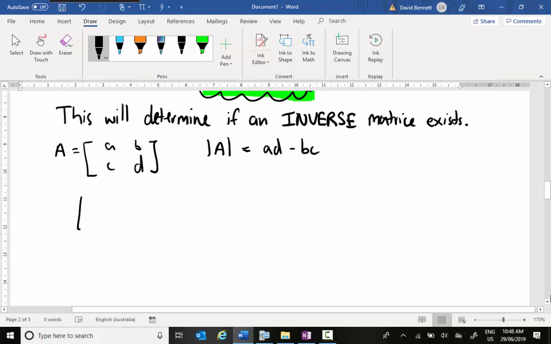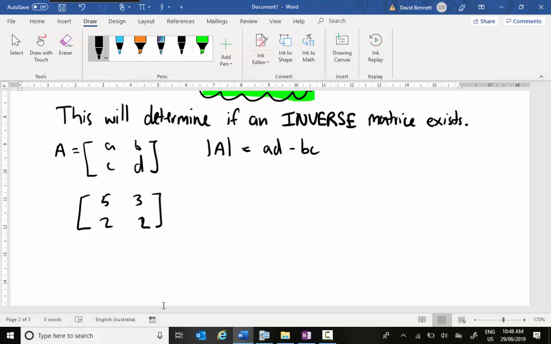So let's pick a random matrix. I'm going to make one up here: 5, 3, 2, 1. Now let's make that 2, just for something different.